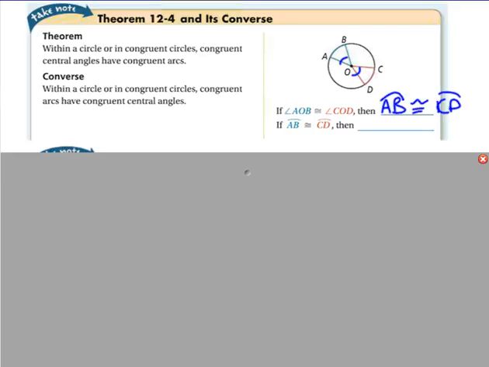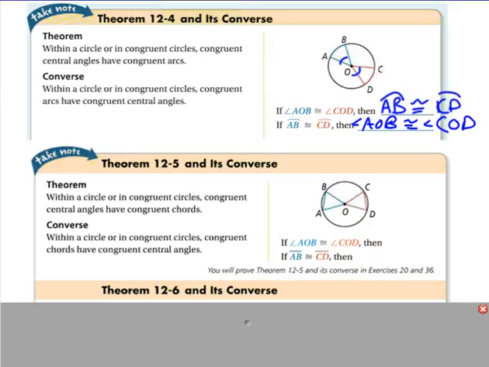And vice versa, the converse, the backwards of that: within a circle or congruent circles, congruent arcs have congruent central angles. So if we know the two arcs are congruent, then the central angles that are attached to those would be congruent as well. So angle AOB would be congruent to angle COD. That is theorem 12.4 and the converse.